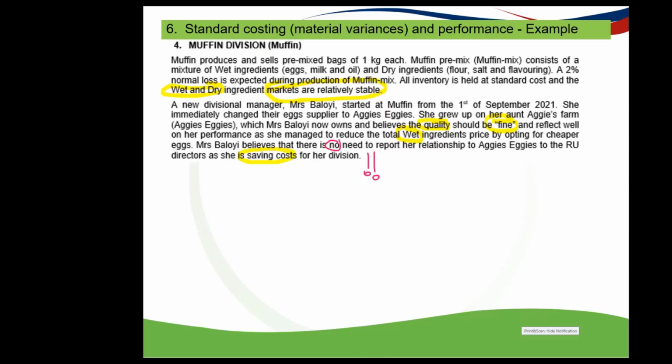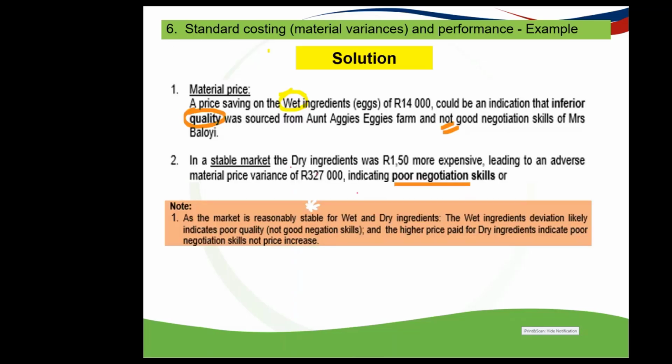Okay. The next part is going to look at, let's just discuss quickly the material price variance. So looking at the price variance, yes, we saw a favorable variance in terms of the wet ingredients, which is the eggs, and it's likely because she bought from her aunt.